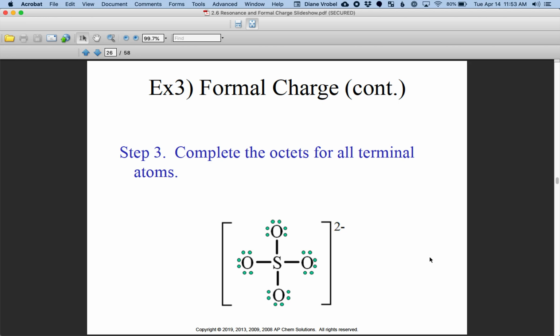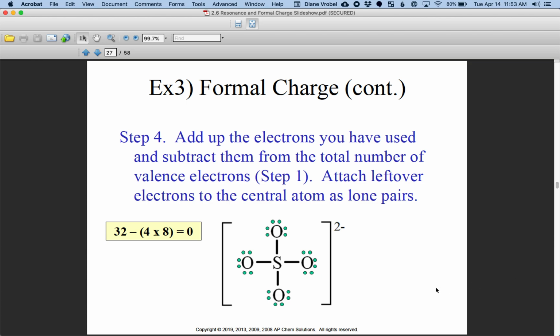So we want to complete the octets. Remember, we want to keep track of all the valence electrons that we're using. And we're eventually going to go to formal charge to figure out what is the desired structure. So we have all of the electrons being used.